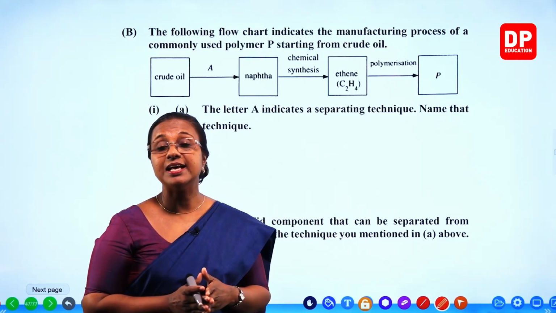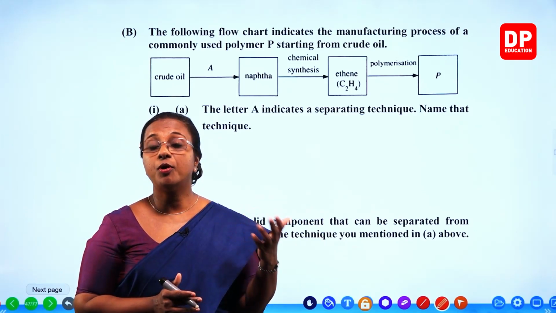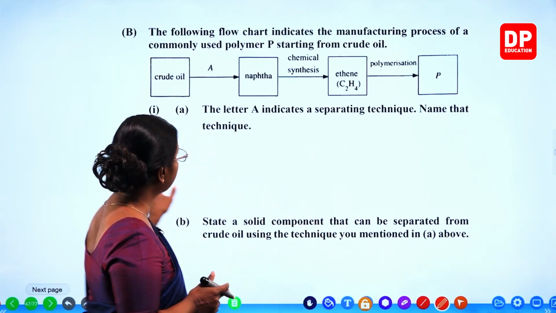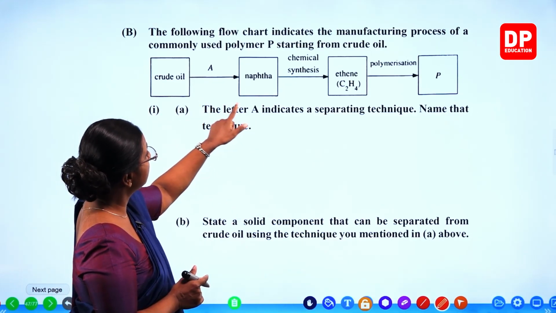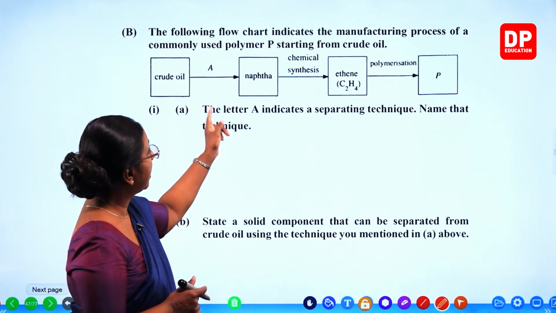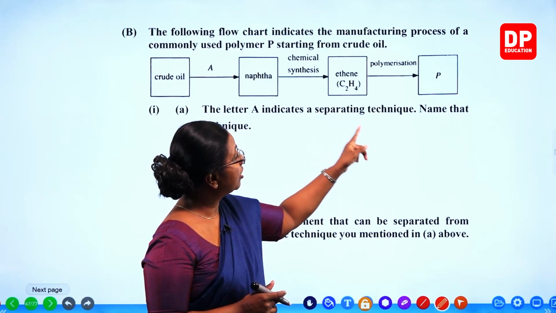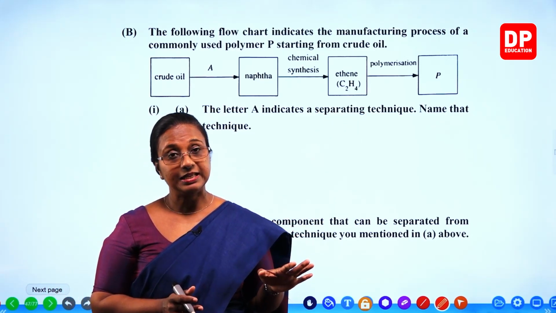Ethene is also called ethylene. So polythene, polyethylene or polyethene, that is polymer P. So you all have understood the process. Crude oil, fractional distillation, you can get naphtha, undergoes chemical synthesis, you get ethene, then ethene polymerizes to form P, that is polythene. Is that clear?